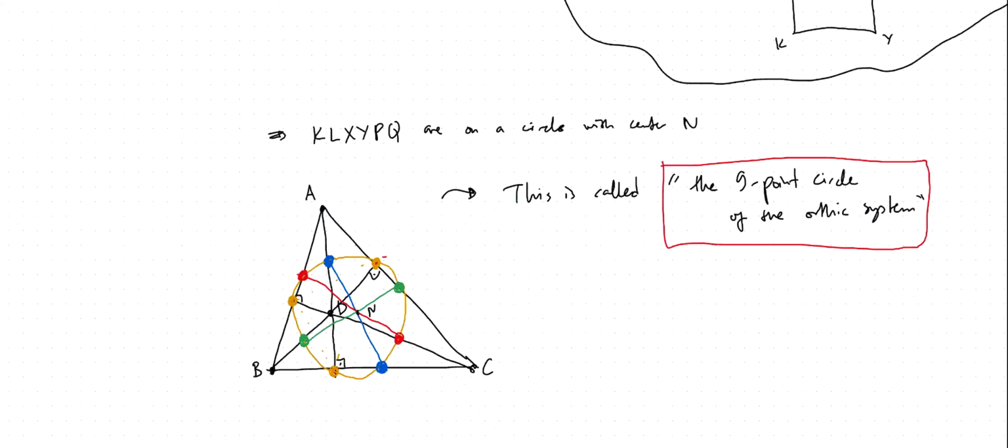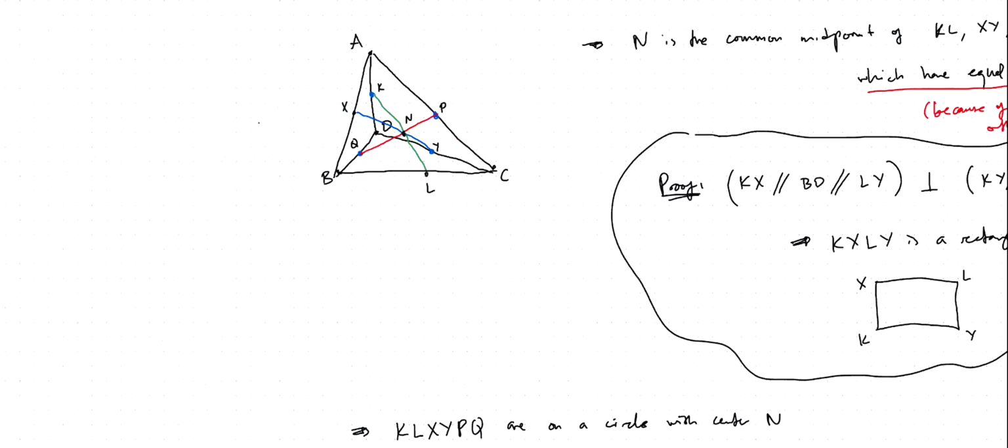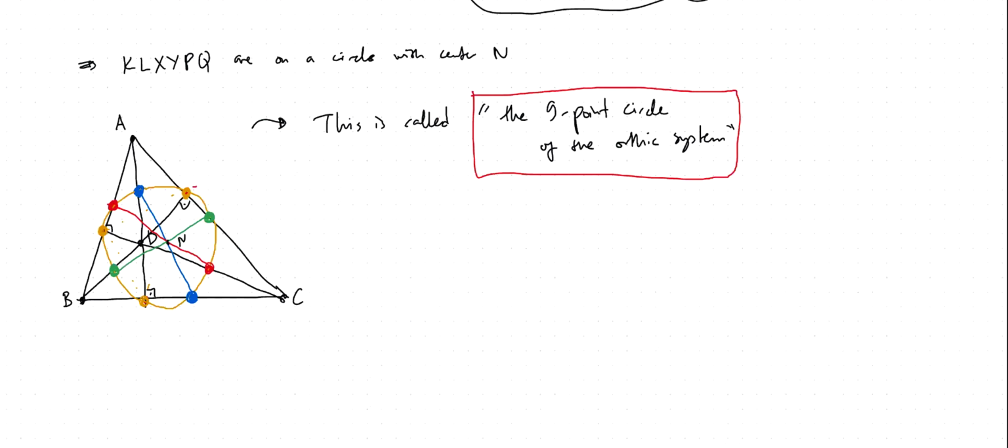The 9-point circle is half the size of the circles ABD, ABC, ACD, BCD.